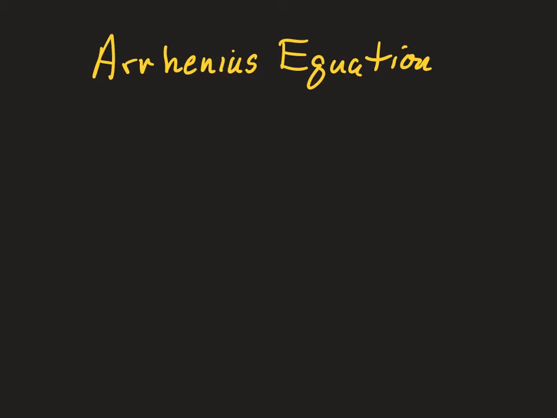Let's remind ourselves about our forms of the Arrhenius equation. The basic form of the Arrhenius equation is that the rate constant k is equal to A, the Arrhenius constant, that is, and it's a constant that's related to the identity of the chemicals that are reacting and the kind of reaction that is occurring. So it's different for every kind of reaction, right?